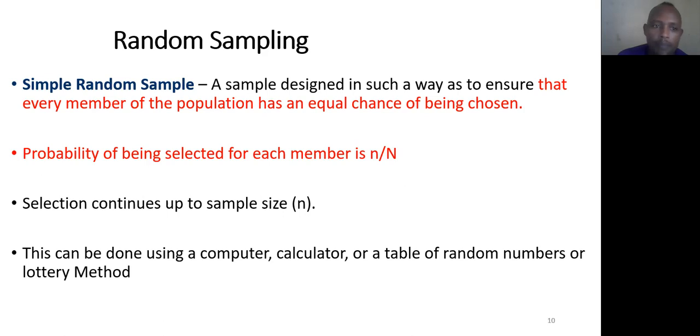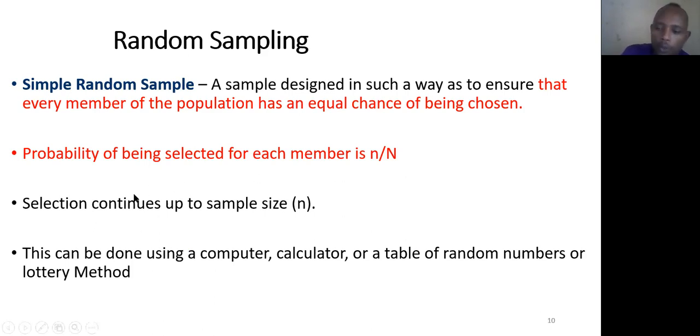Here, in the case of simple random sampling method, each member has an equal chance to be selected. And the probability of being selected is small n over capital N, the size of the sample over the population size. That is the probability of each member to be selected.